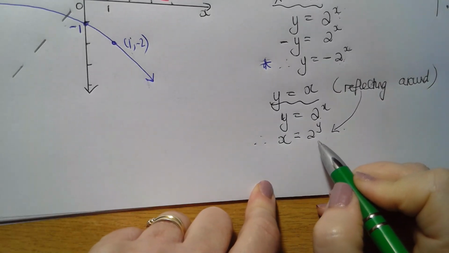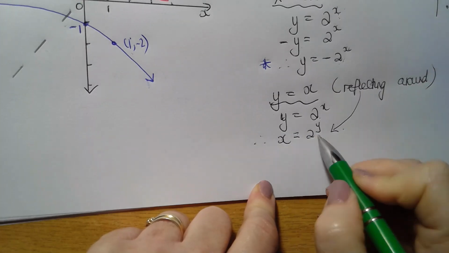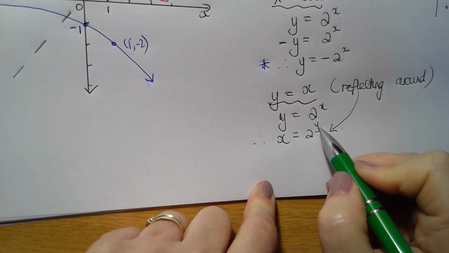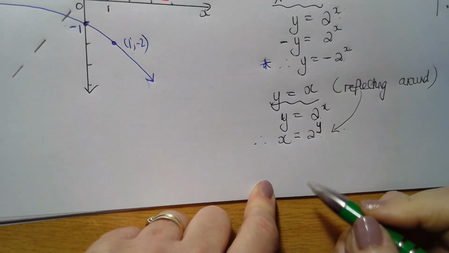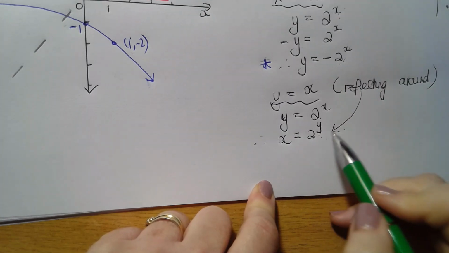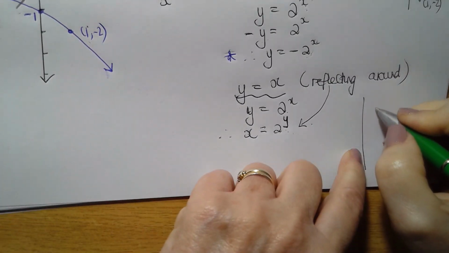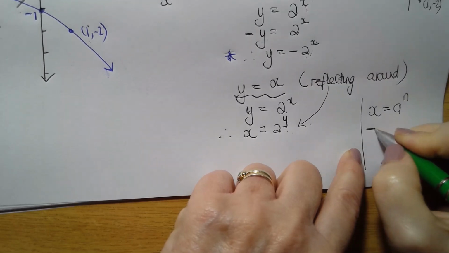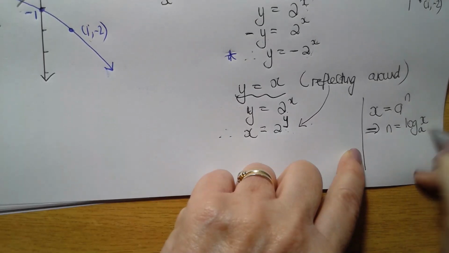And then I want to write it in the y form. So you've learned how to go from exponential to log form. Why do I want to go to log form? Because I want to make y the subject, which means that in my log definition, I said that if x equals a to the n, then it implies that n equals log x to the base a.